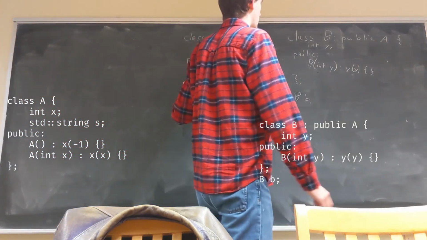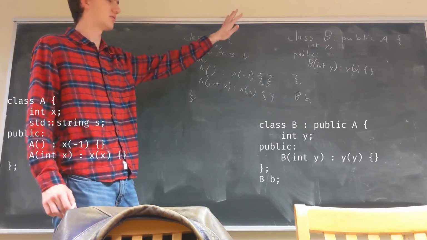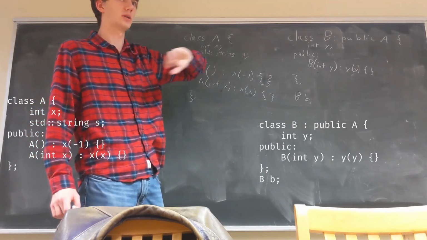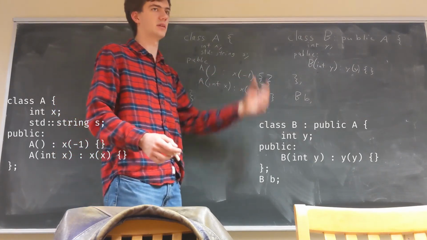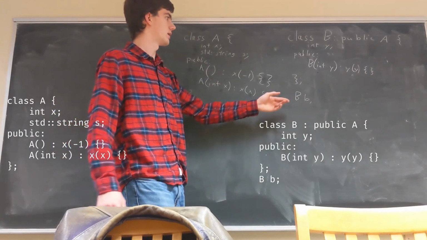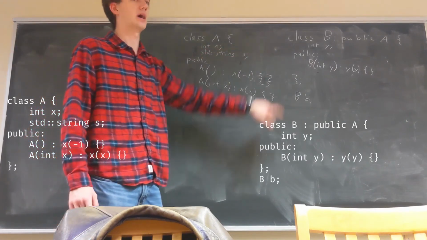But let's say we want by default, and of course, in order for these classes to be useful, there would need to be more member functions and whatnot that could manipulate and access these fields in different ways. So let's say it was more useful if by default x and y were the same value.